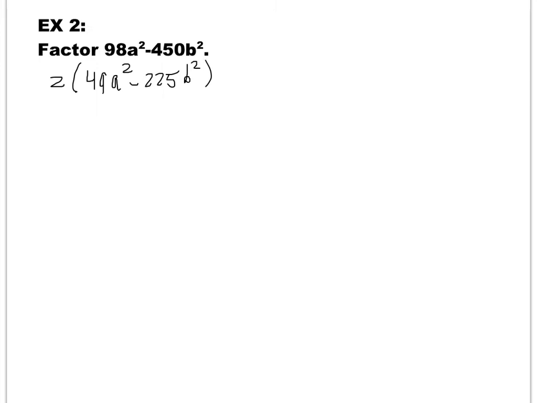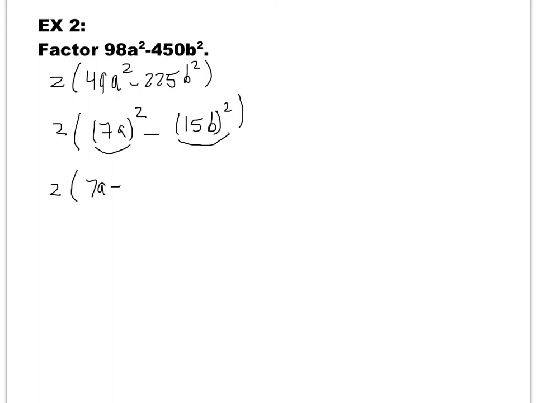Now, 49a squared can be written as 7a the whole thing squared minus 15b the whole thing squared. Now I have again a square minus a square, the difference between them, so I can write this one as 7a plus 15b times 7a minus 15b. And this is my factor.